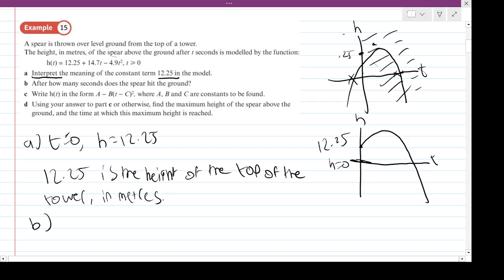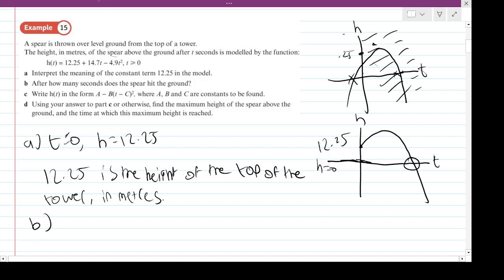Part B then says, after how many seconds does the spear hit the ground? So when it hits the ground, well, we already discussed this in a way. So the ground is this sort of h is 0, right? The t-axis. So in other words, when the spear hits the ground, it's going to be when it crosses the t-axis, right?